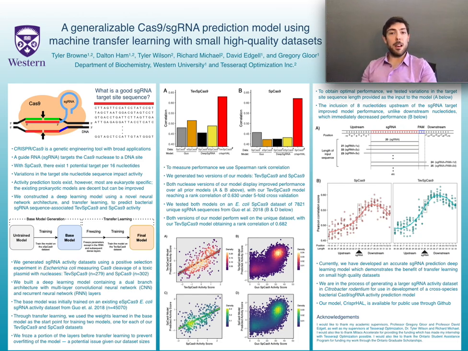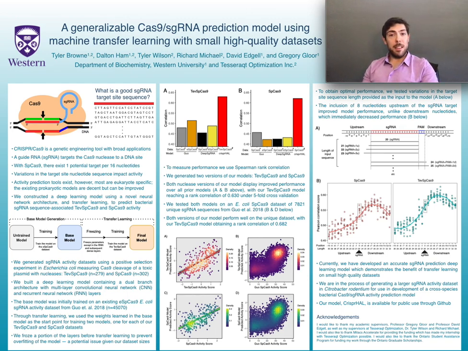As we can see in the top middle figure, following transfer learning, both nuclease versions of our model display improved performance over the predictions of all prior models, with our TEV-SP-Cas9 model reaching a rank correlation of 0.63 under 5-fold cross-validation. The 5-fold cross-validation results of our TEV-SP-Cas9 and SP-Cas9 models perform quite well, and you can see that in the bottom middle figures, A and C.